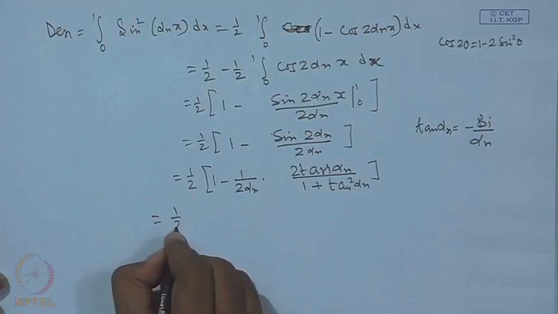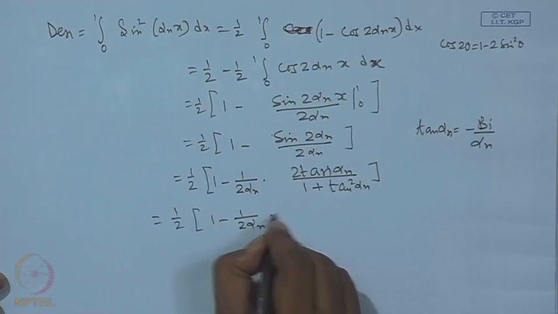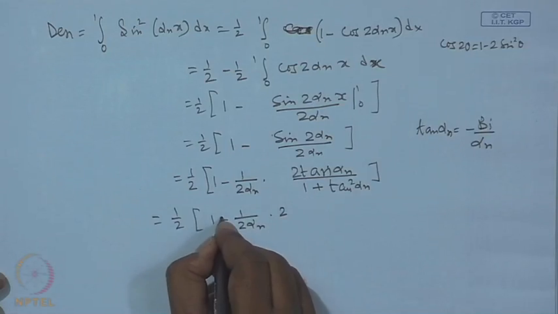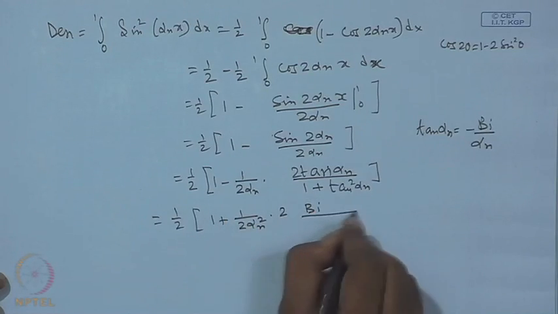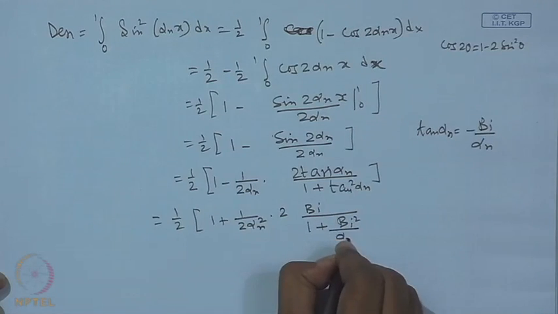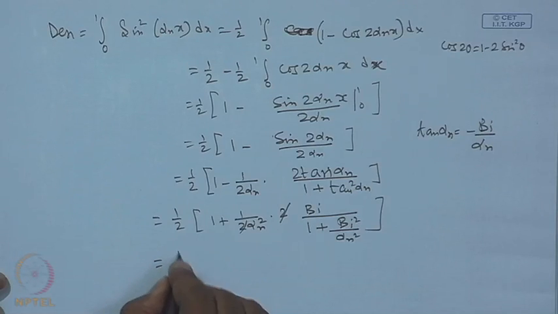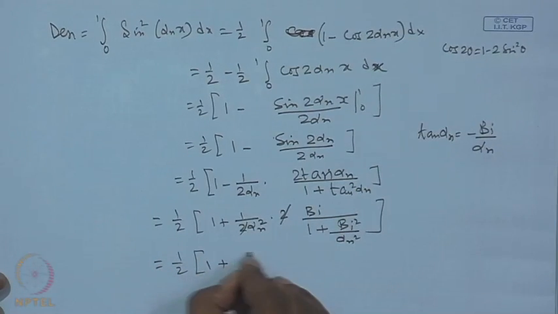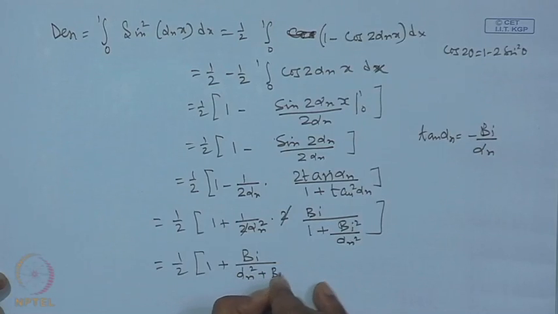So, we are going to put it there. 1 minus 2 alpha n times 2 tan alpha n, which is minus minus plus Bi alpha n square divided by 1 plus Bi square divided by alpha n square. So, half, 1 plus Bi divided by alpha n square plus Bi square.